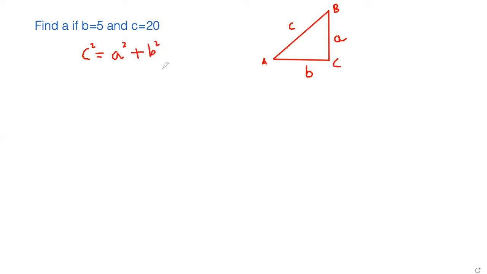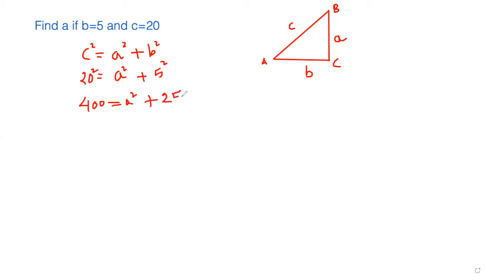Now let's plug in the values. c is given as 20, so I write 20 square equal to a square, since a is missing and we are trying to find it, plus b square, which is 5 square. So 20 square is 20 times 20, which is 400, equal to a square plus 5 times 5, which is 25.